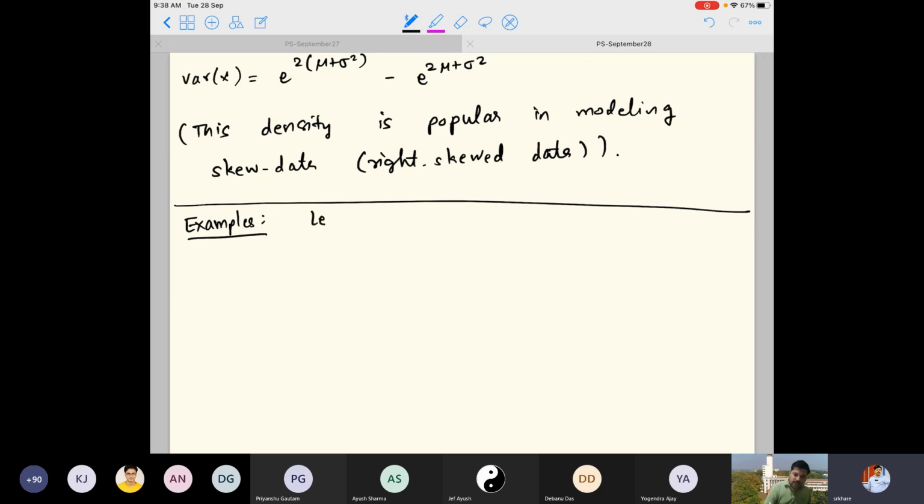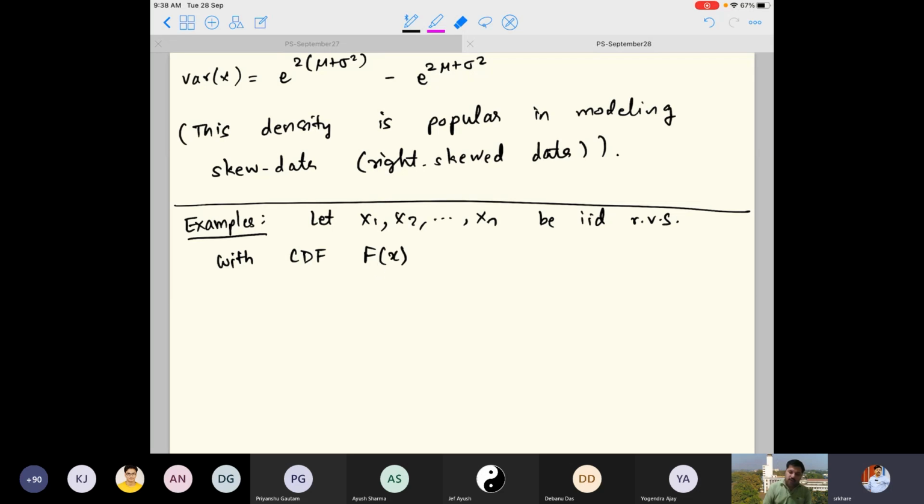Let X1, X2, up to Xn be IID random variables with the cumulative distribution function capital F_X.